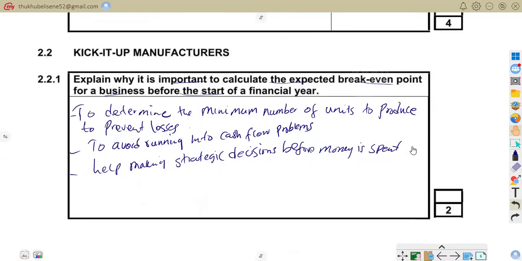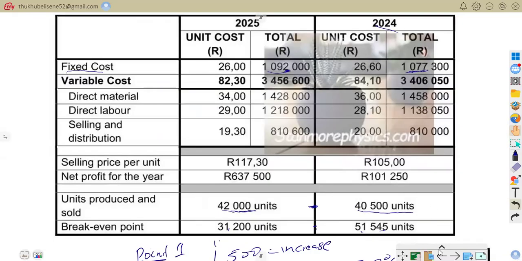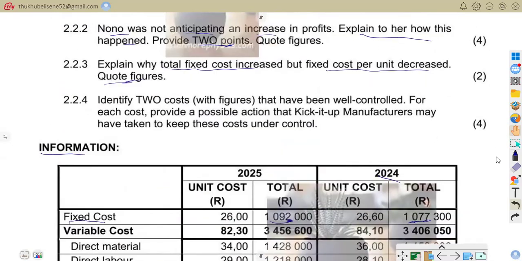2.24 question. So here we are, 2.24. It says identify two costs with figures that have been well controlled. For each cost, provide a possible action that the manufacturers may have taken to keep this cost under control.